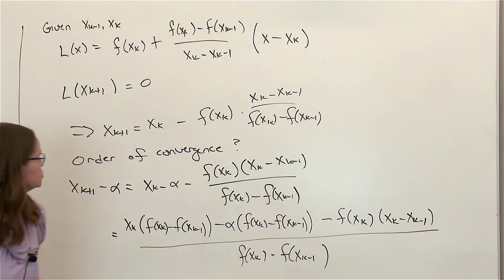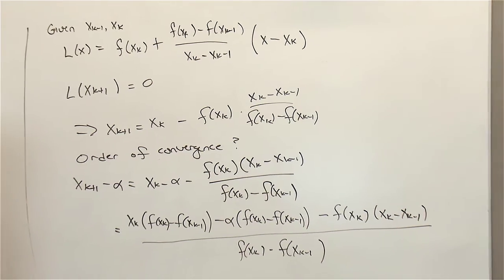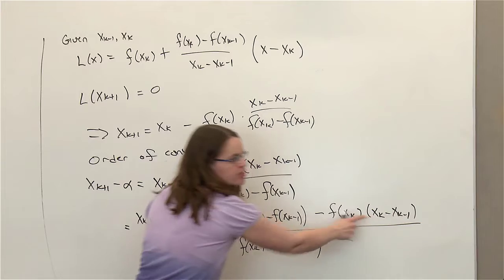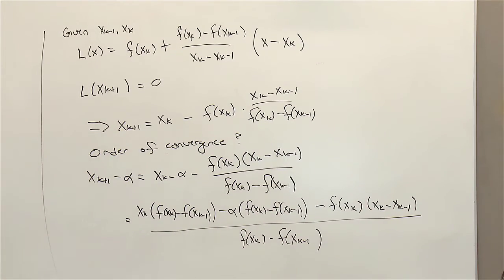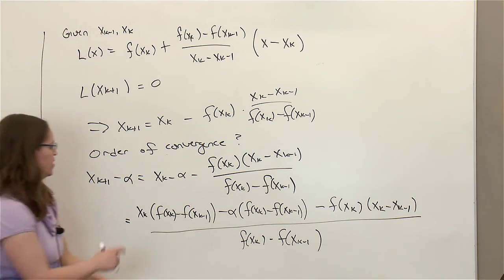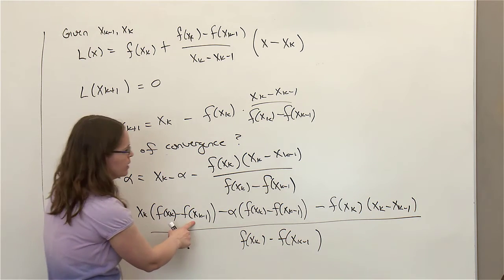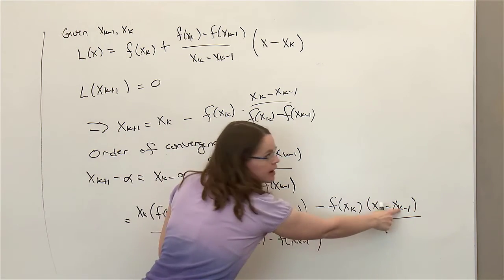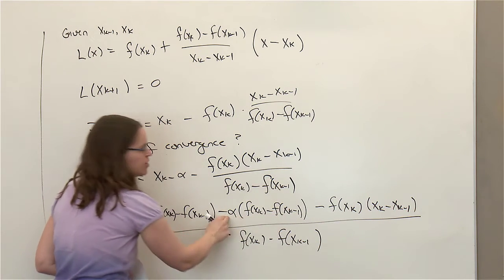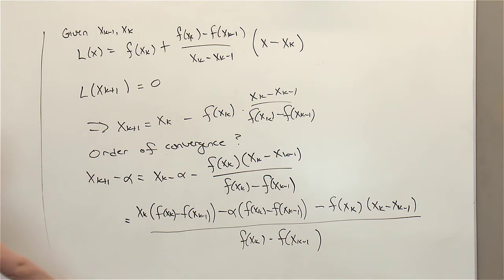Okay, some terms are going to cancel on us. So we have xk f(xk) minus xk f(xk). Then what do I have left? xk f(xk minus 1), f(xk), and an xk minus 1. And I have the same f terms here being multiplied by alpha.